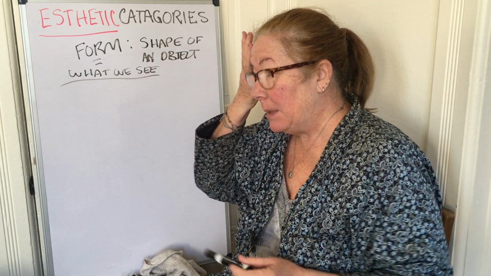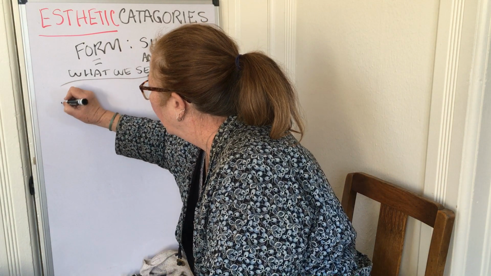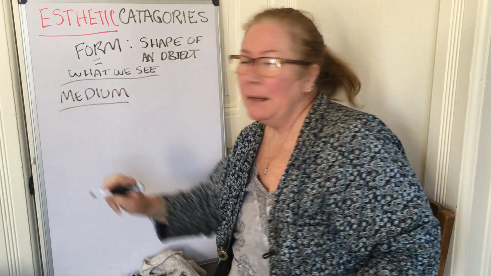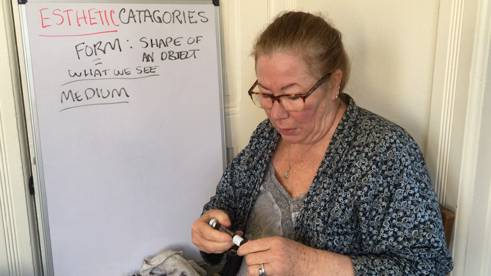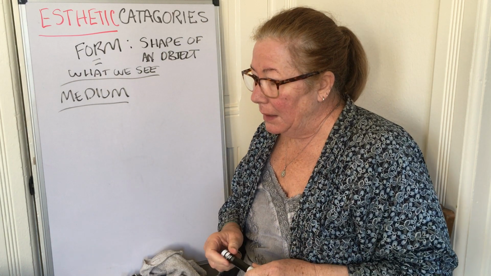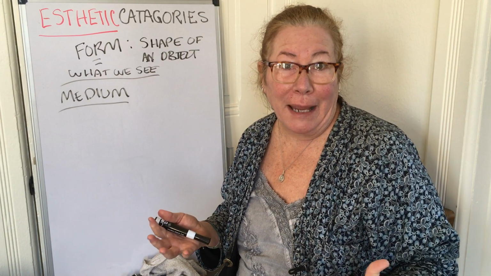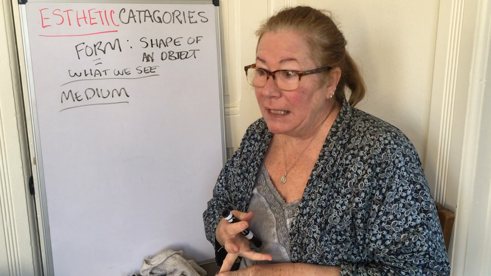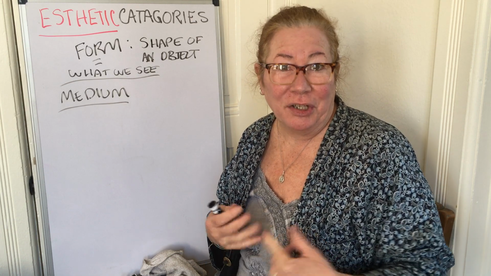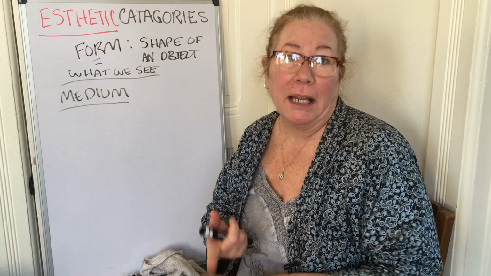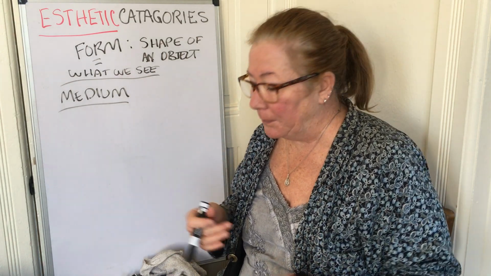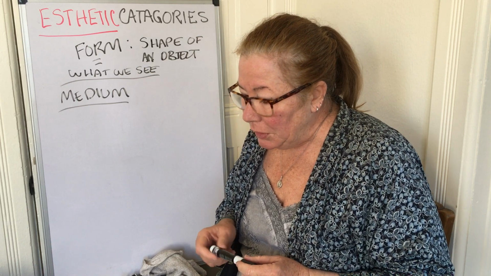So a medium in art, let me just put that down here, right? A medium describes the actual stuff that the artist is using. So medium could be paint, right? That would be to make a painting. A medium could be stone, say to create a sculpture, or brick to build a building, or metal, right? That could be the medium to create something.